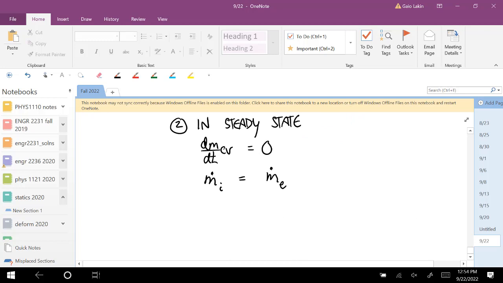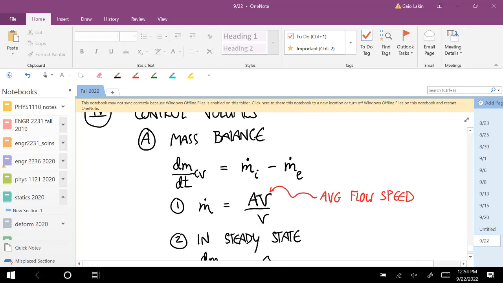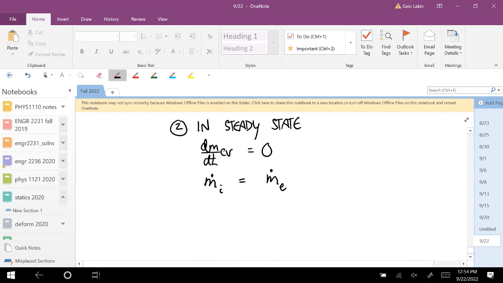And then besides mass balance, the only other control volume equation that we've used is the first law. So B is the first law for control volumes.